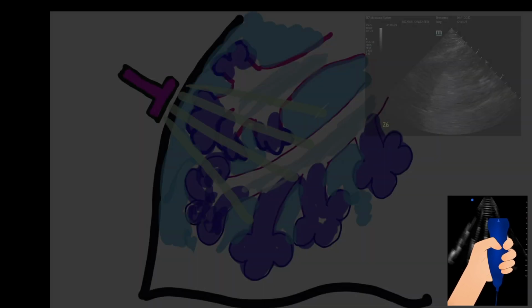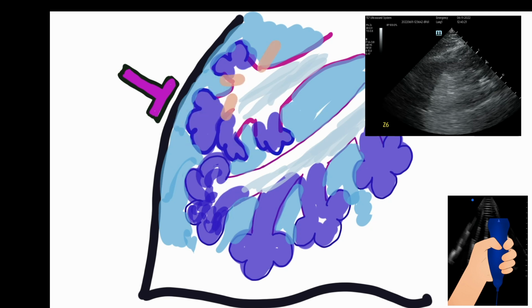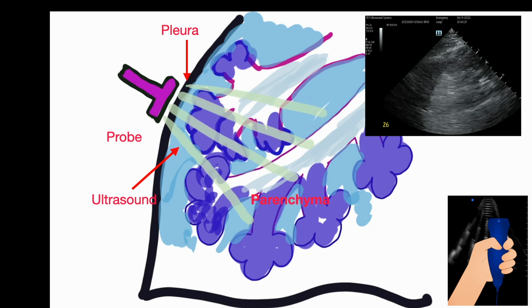In C pattern or hepatization, we have a different phenomenon. What is happening is our probe is emitting ultrasound, but now we have material beyond the pleura. And as you can see here, the ultrasound is going through the pleura to see the parenchyma, which is abnormal.